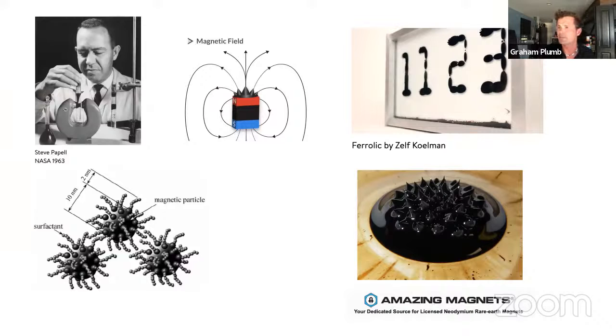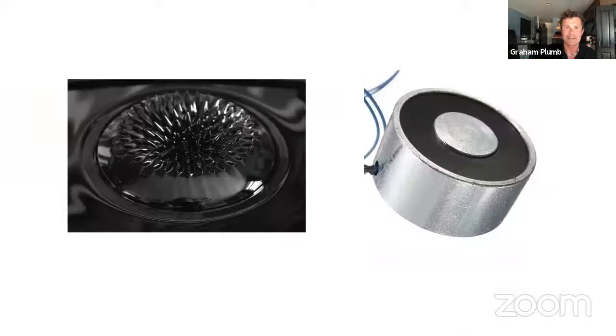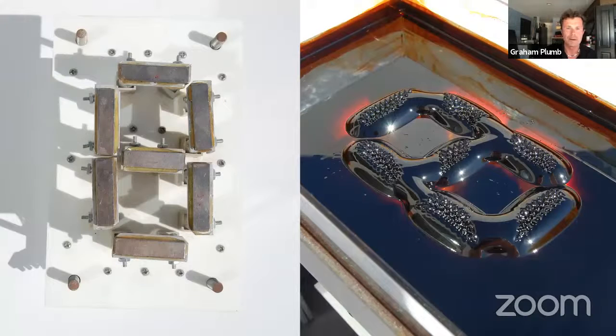It was developed years ago in '63 by NASA, and ferrofluid reacts to magnetic fields. So the way I designed this was to try and sculpt a magnetic field. I began by playing with electromagnets, which required way too much power, plus the shape wasn't quite right for what I wanted. So I moved on to magnets that were already magnetized.